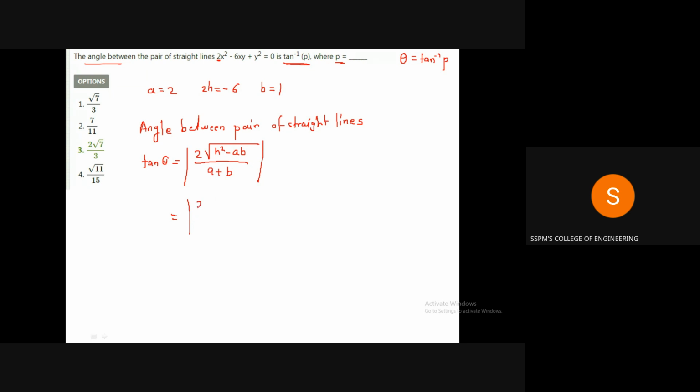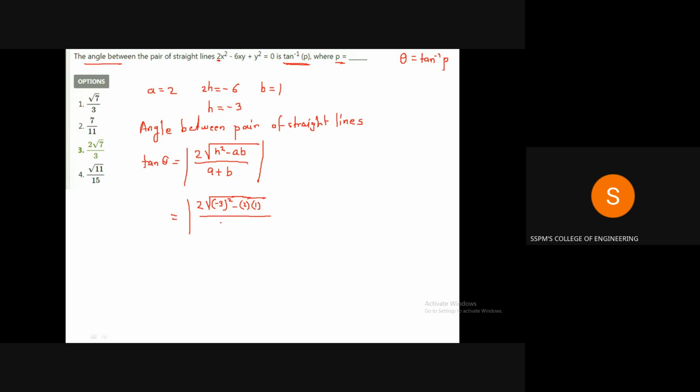So it is 2 into what? So h square, what is value of h? See, 2h is equal to minus 6. If we divide this equation by 2, we will get h is equal to minus 3. So we can write minus 3 square minus ab. What is value of a? It is 2, and value of b is 1, divided by a plus b.